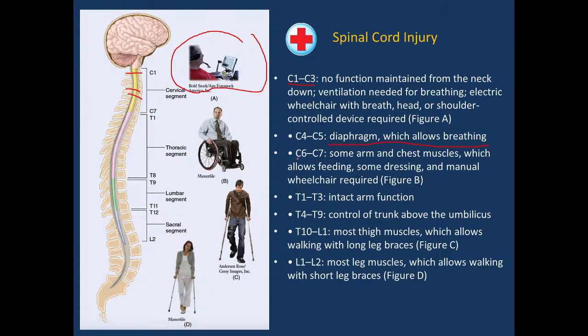From the 6th to 7th level of the segment, we mean segment, not vertebra, arm and chest muscles are maintained to move, and allow feeding, some dressing, and people usually need a wheelchair to move from one place to another.